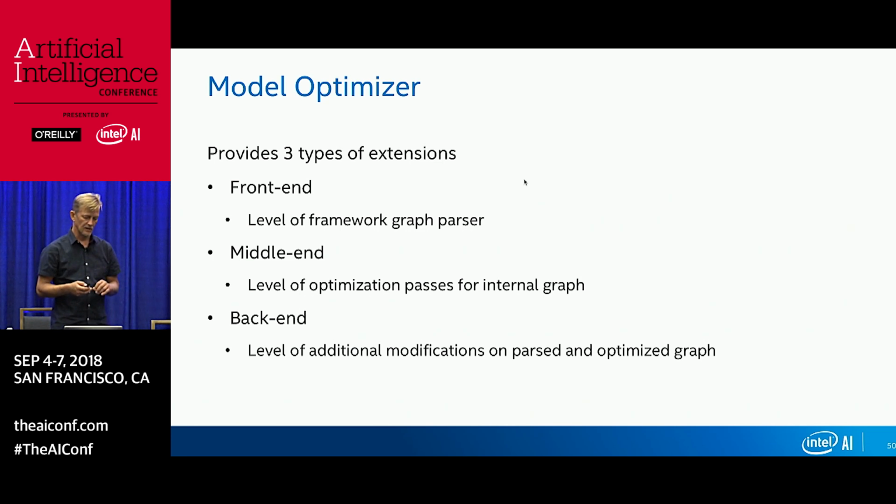Middle end, this is the optimization level, which uses the internal representation to do some optimization passes. Plus the level of the backend. On this level, you can do additional modifications and, let's say, parse something, fold something, optimize some operations, and so on.